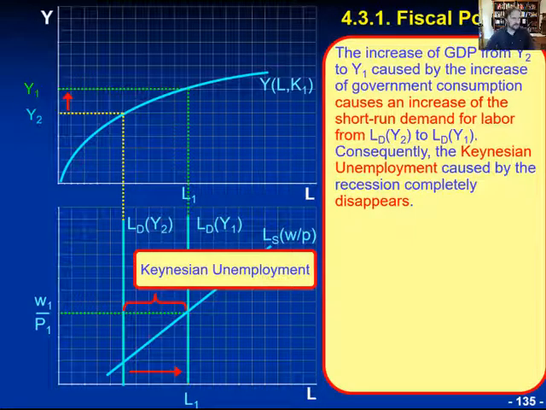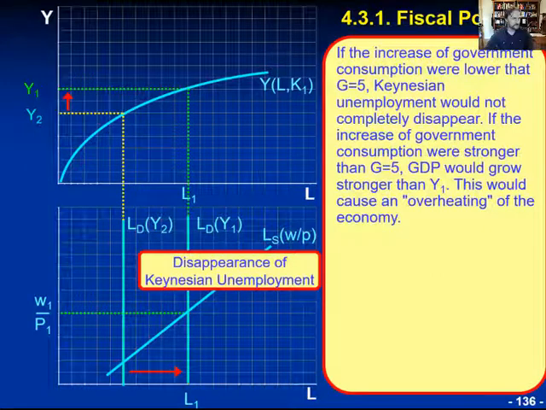As a result, Keynesian unemployment disappears. We are now back at full employment labor demand, and hence the recession is overcome.